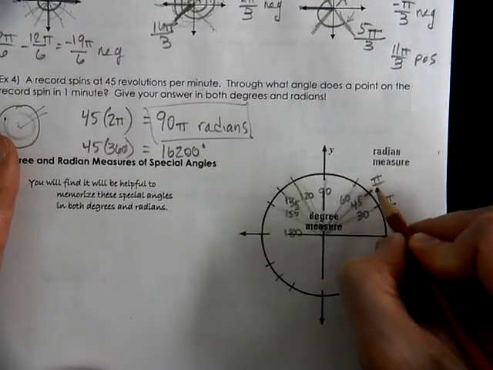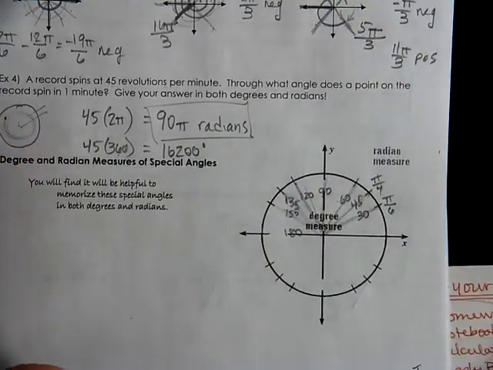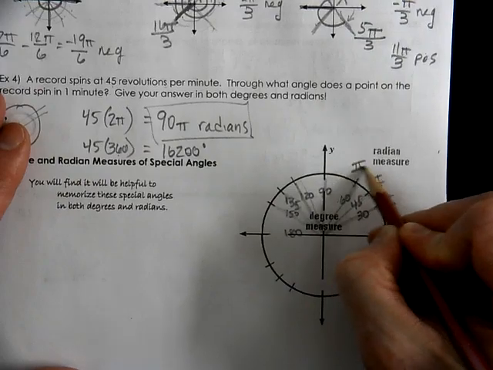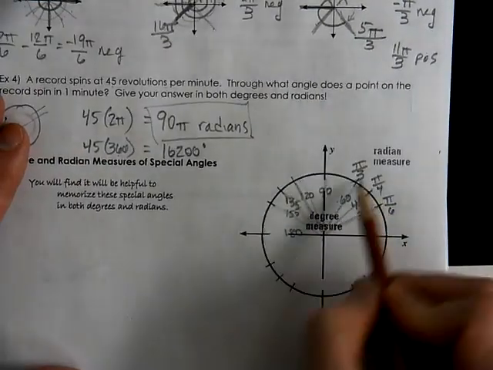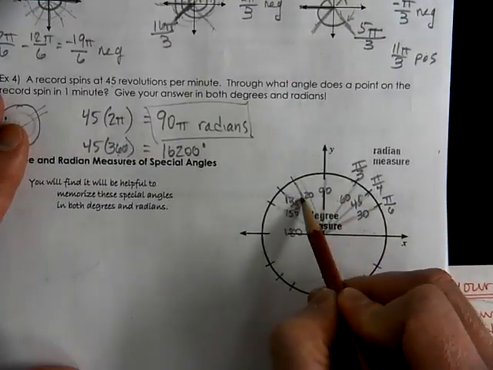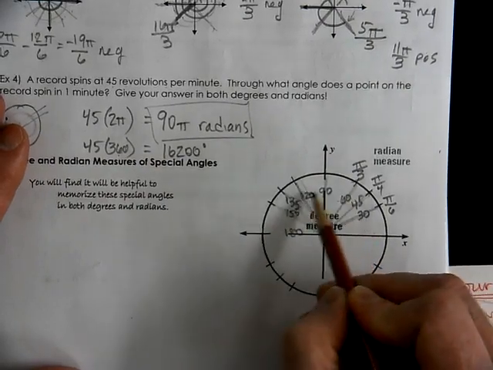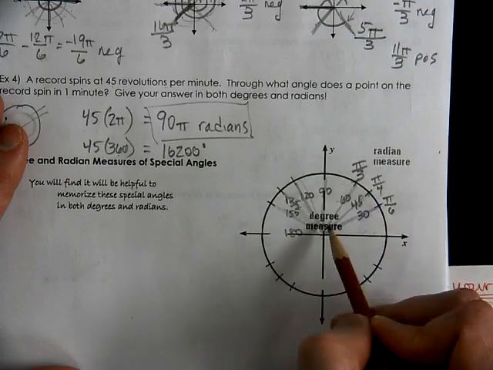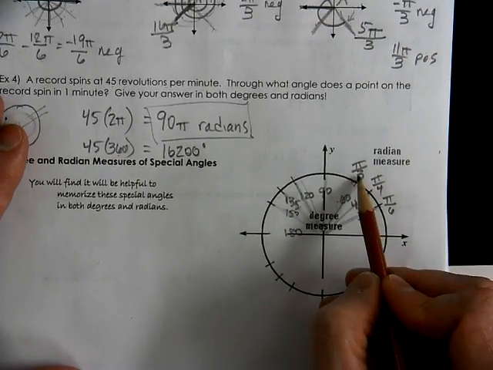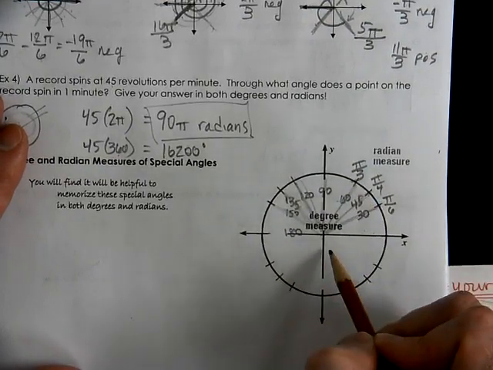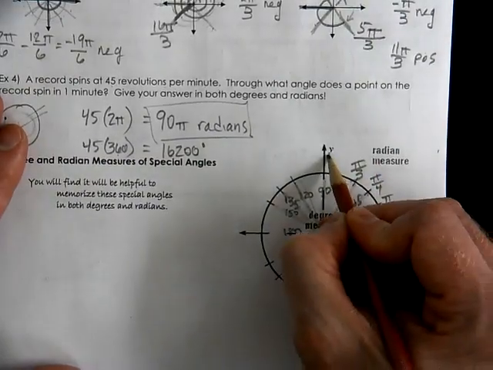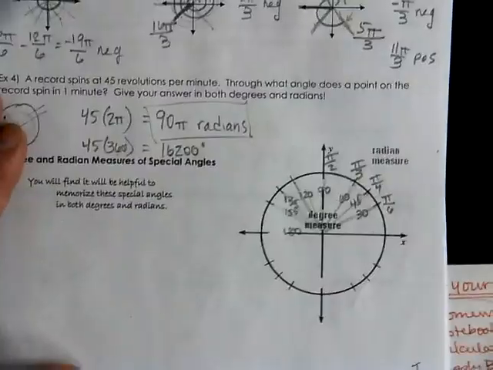So this is 180 divided by 4, or pi divided by 4. 60 goes into there 3 times. 60, 120, 180. 60 plus 60 plus 60. There's 3 equal amounts. So this angle can be called pi over 3 radian. 90 and 90 makes 180. There's only 2 of them, so that's pi divided by 2.